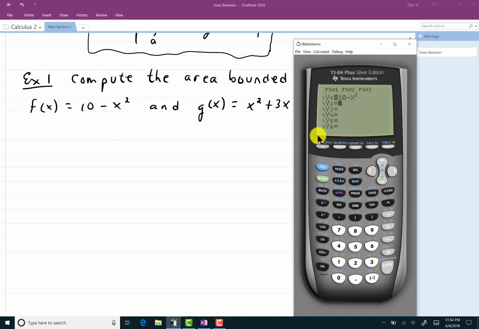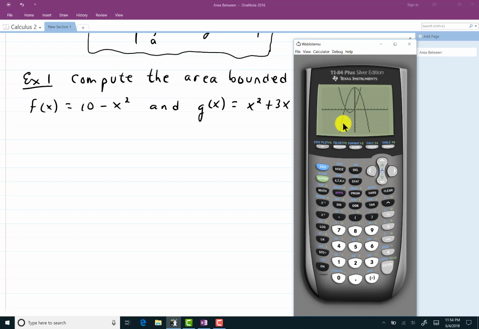And in y2, put x squared plus 3x plus 1. And to get my first graph, I almost always click zoom and then the number 6. It's what they call the standard viewing rectangle. It stretches from -10 to 10 in both the x and y directions.